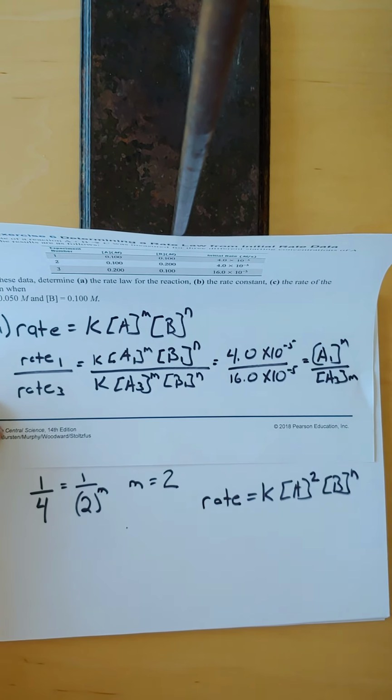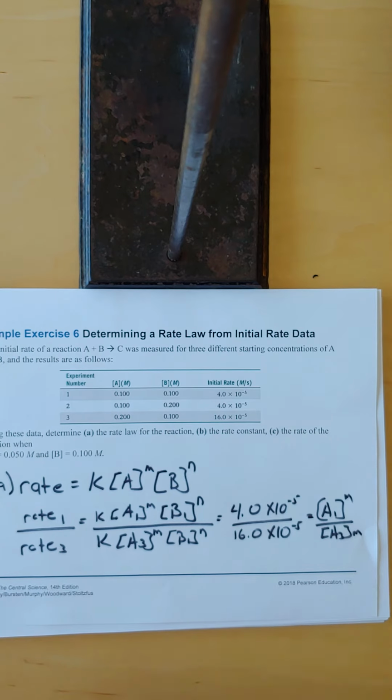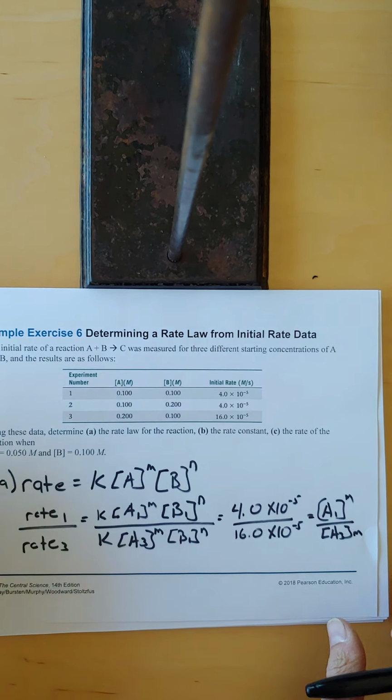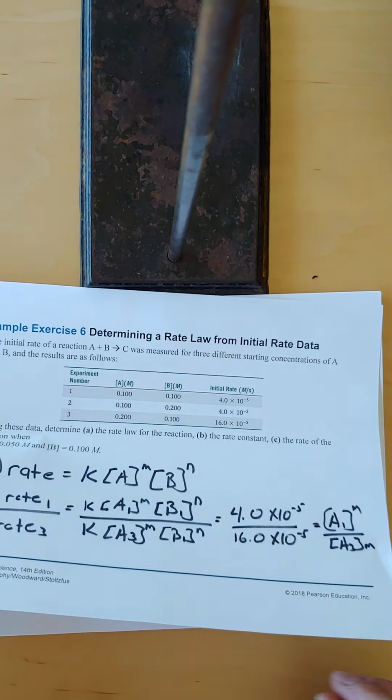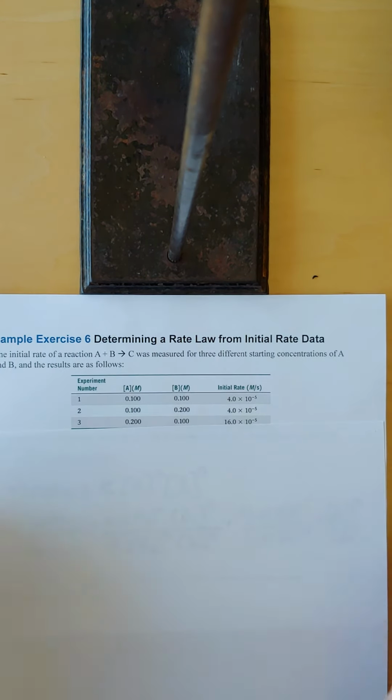So to find out what n is, I go back to my original data table, and I want to do that same thing, but now I want to figure out what n is. So I'm going to use a very similar type of equation and insert my values.